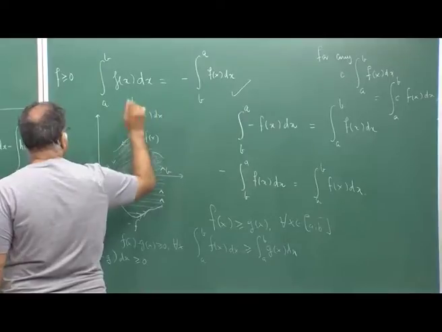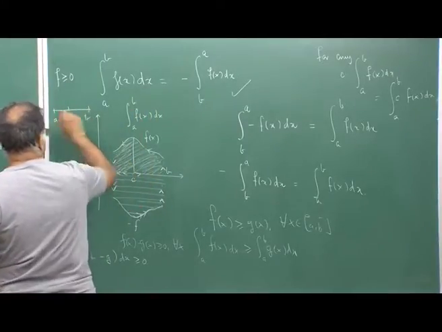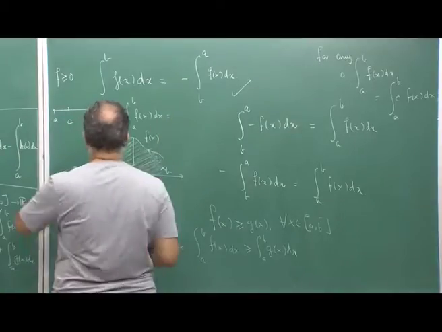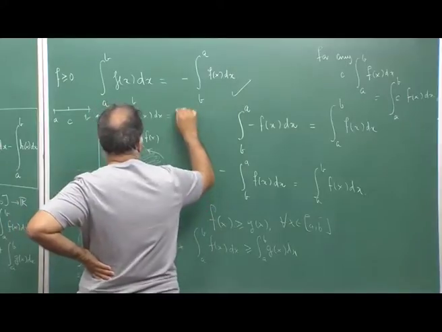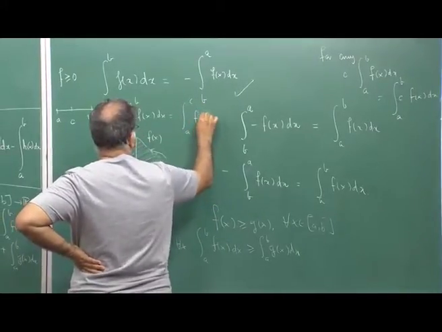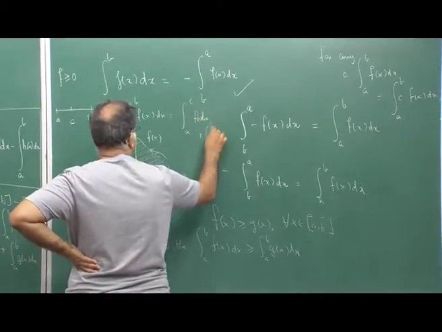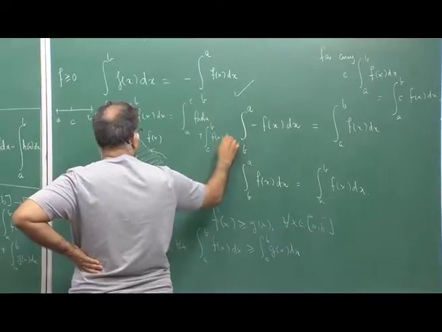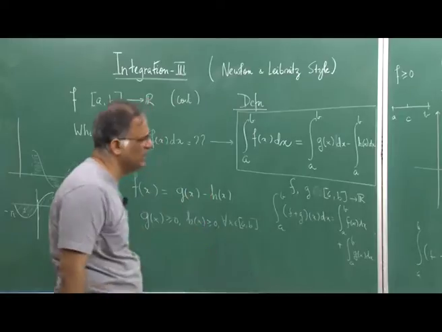If you take any c which is lying between a and b, obviously it could be equal also, but suppose I take a c between a and b, then I can write this as integral a to c fx dx plus integral c to b fx dx. Sometimes these are required because the computations become simpler when you put in a c.